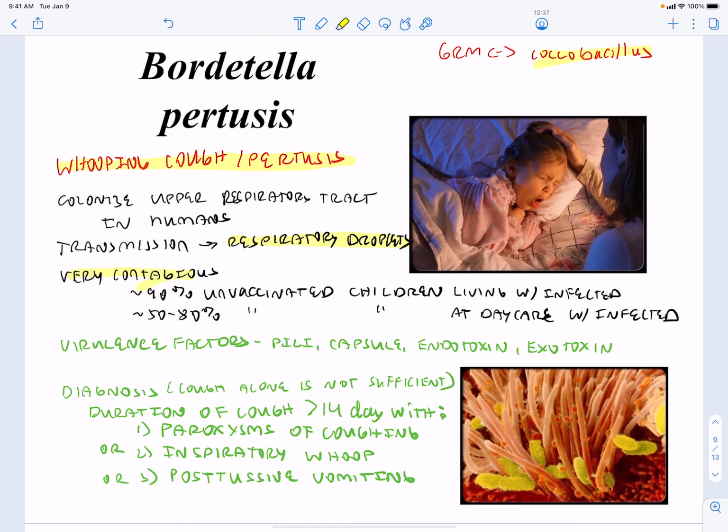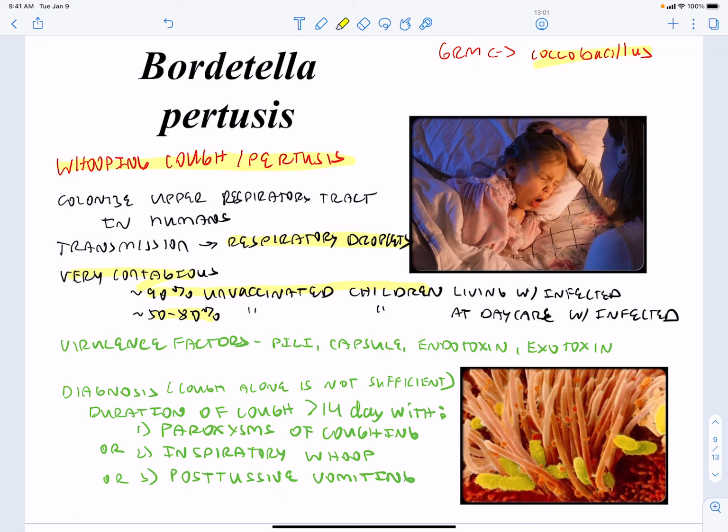It is very contagious. So if you have an individual in a household who has the infection, 90% of unvaccinated children living with that individual will become infected. If you have an infection at a daycare, 50 to 80% again of unvaccinated children will become infected at that daycare if they were exposed.